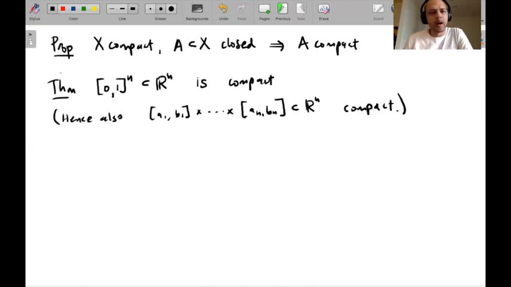Okay, so before saying anything about these two results, let me explain how, using these two, we can finish the proof of the Heine-Borel theorem fairly quickly.